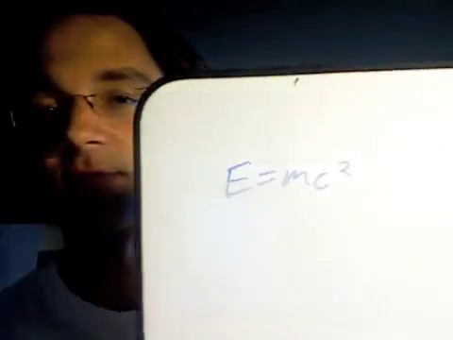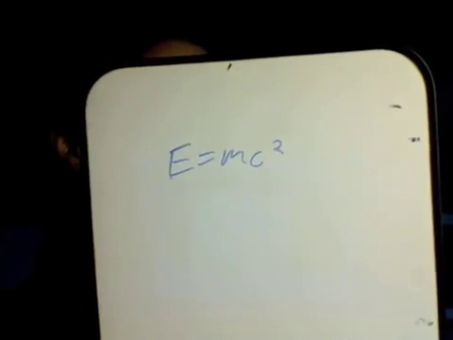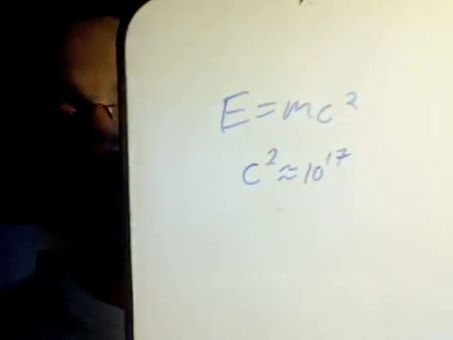One last word on energy. I mentioned this once before. Einstein's famous equation relating mass and energy. And I said that c squared was really big. So I just wanted to be a little bit more precise about what I mean when I say really big. C squared is about 10 to the 17th in metric units.